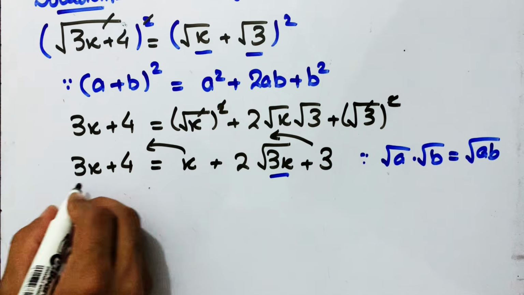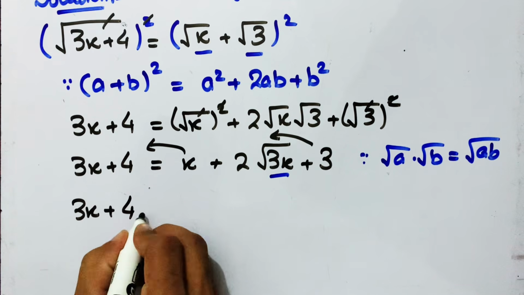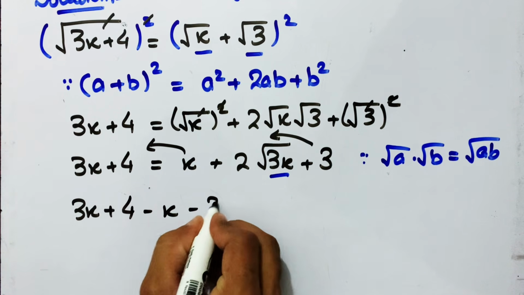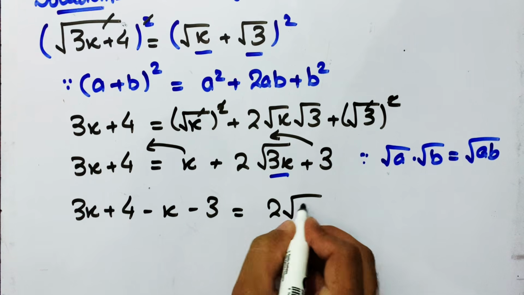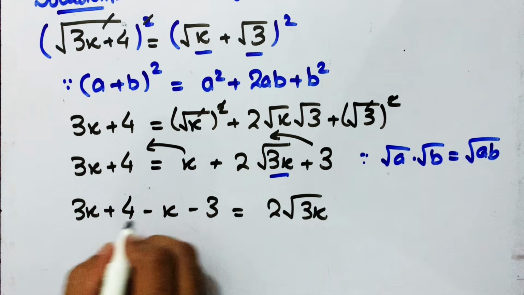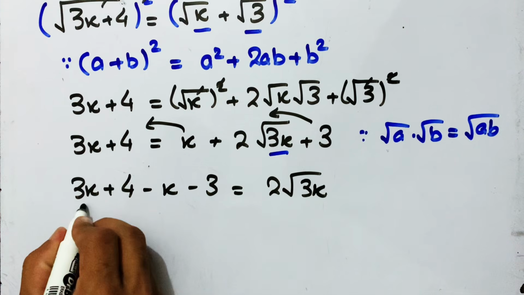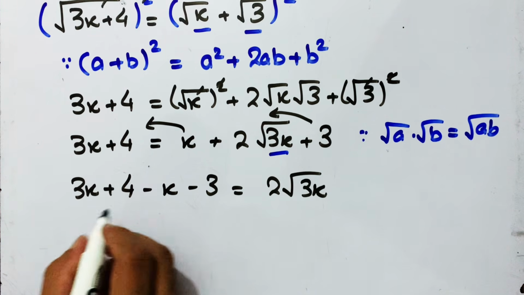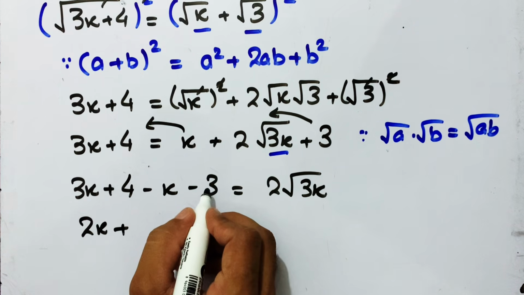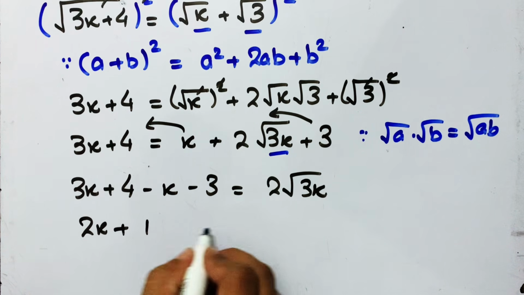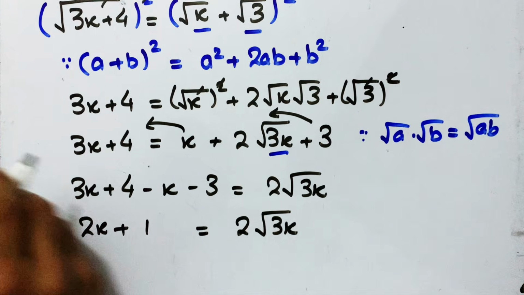Our equation will be 3x plus 4 minus x minus 3 equals 2 square root of 3x. Subtracting, 3x minus x is 2x, and 4 minus 3 is 1, so 2x plus 1 equals 2 square root of 3x.